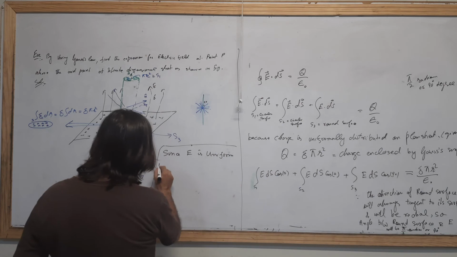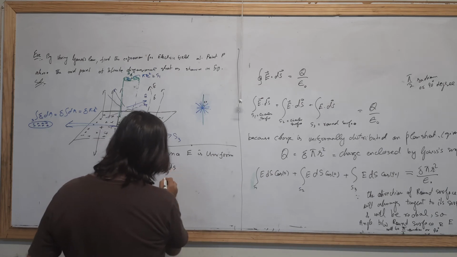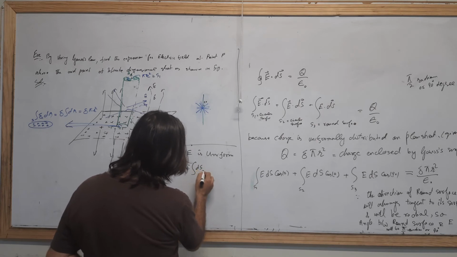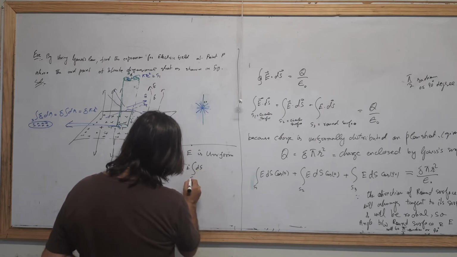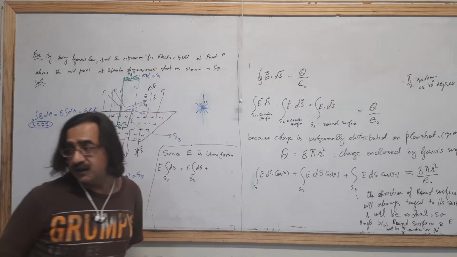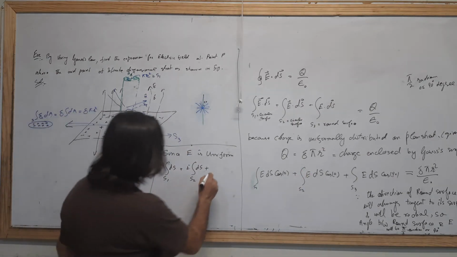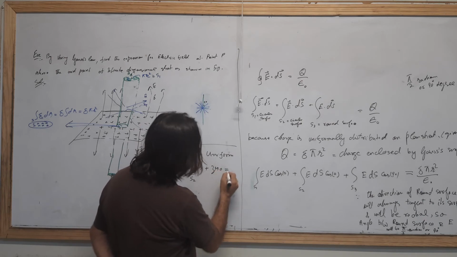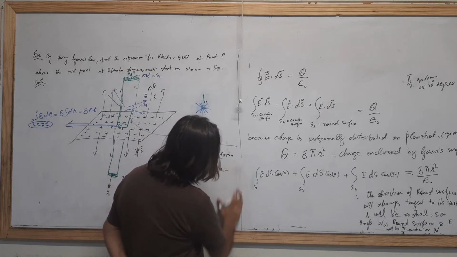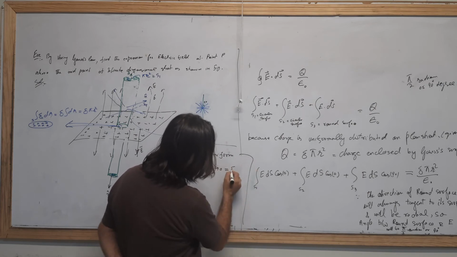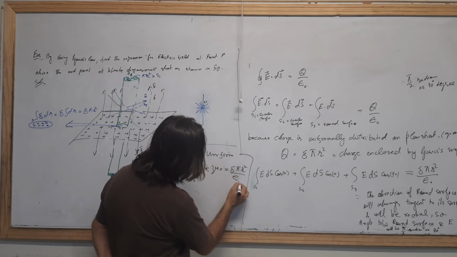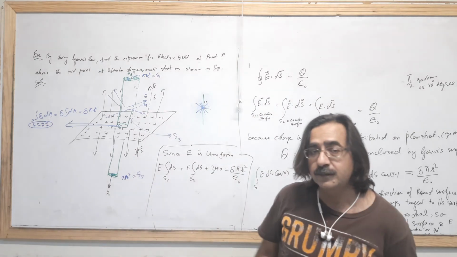So E ds S1 plus E ds S2 plus cos 90 is 0 plus 0, that is equal to sigma pi r square over epsilon naught. Okay, that is very simple.